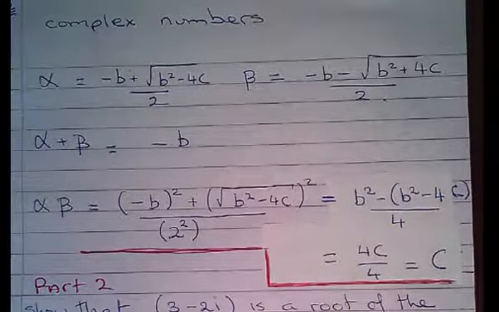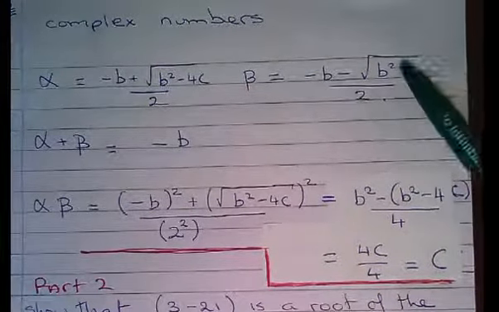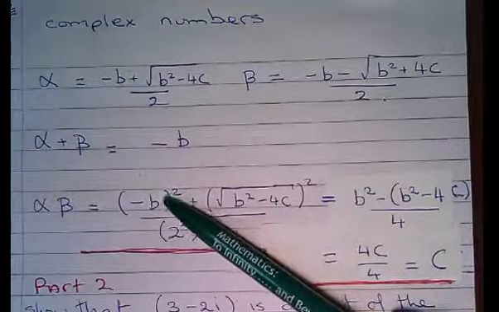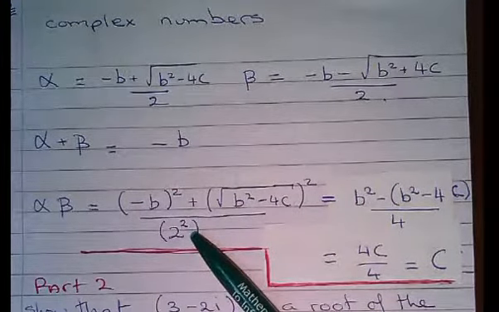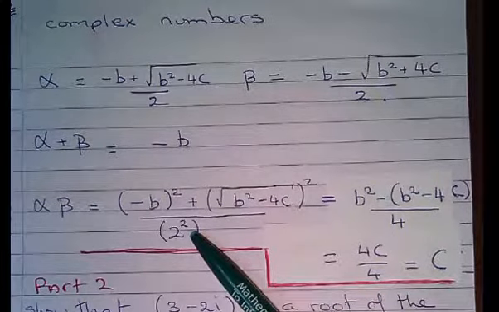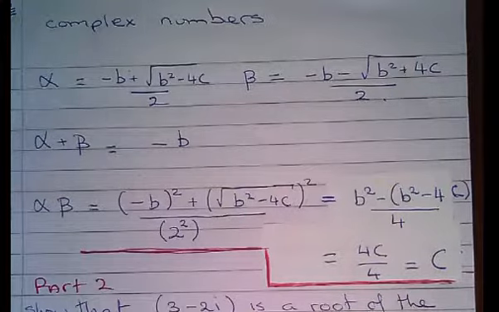Let's use c and d: c plus d times c minus d, where this is one expression and this is the other. So what we have here is minus b squared. Again, I'm going to take the 2 below and square that down there, because we're going to square everything.